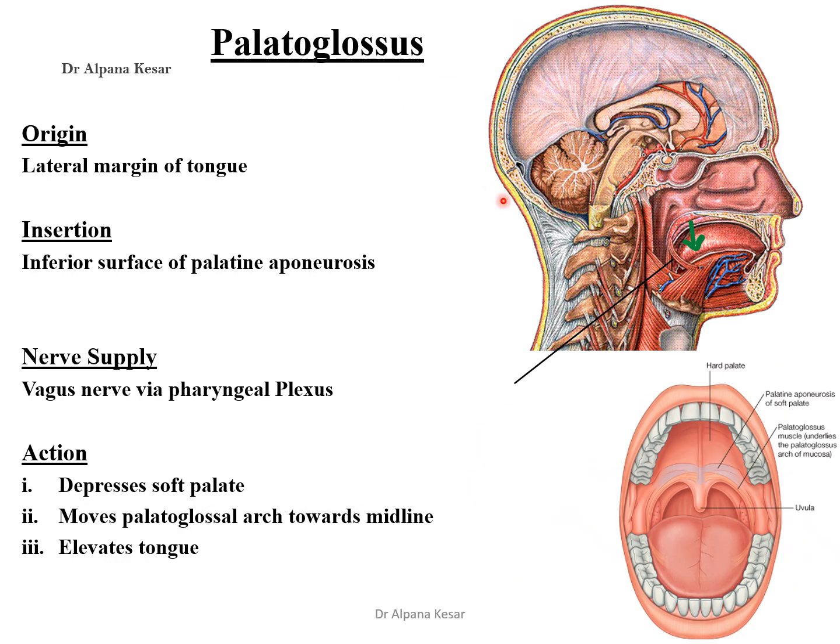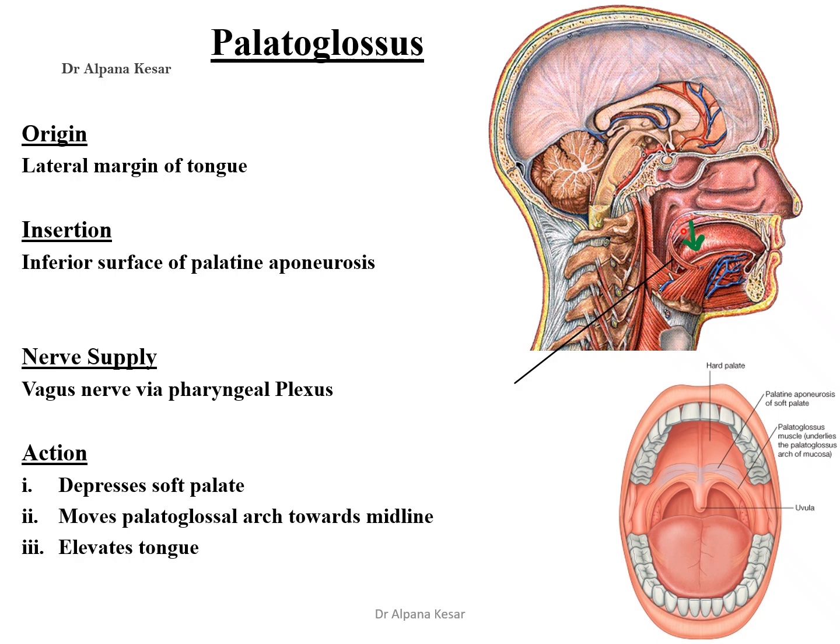Palatoglossus. This muscle is palatoglossus. Palatoglossus takes origin from the lateral margin of the tongue and gets inserted on the inferior surface of the palatine aponeurosis.